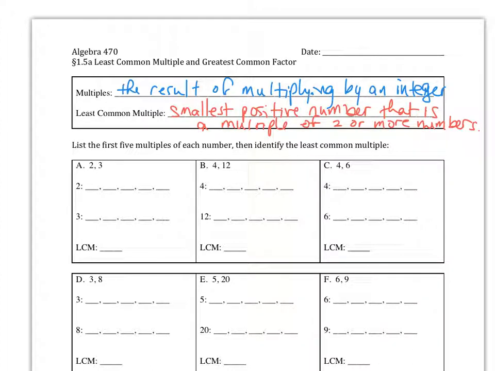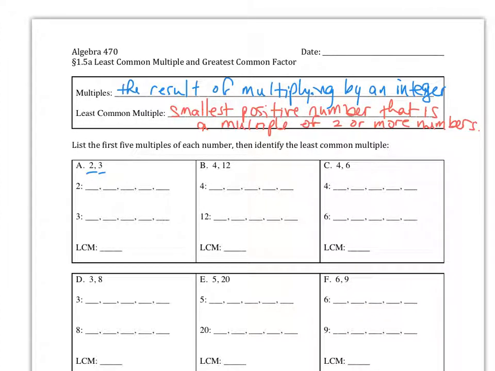All right, so for example, you've got 2 and 3. Does anybody know what the least common multiple would be of 2 and 3? 6. All right, so this is how we get it, in case you were not able to say 6 as quickly.